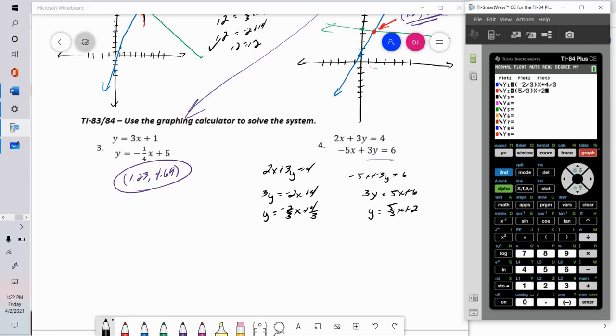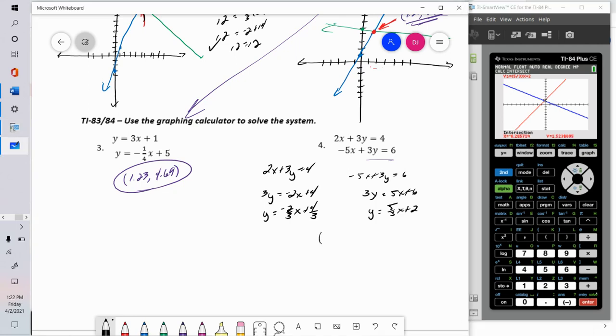Okay, and now I can graph those two equations and find that point, using second count, number 5, the intersection. Blue is the first curve, red is the second curve, guess, that's good enough, and I get 0.286 and 1.523.